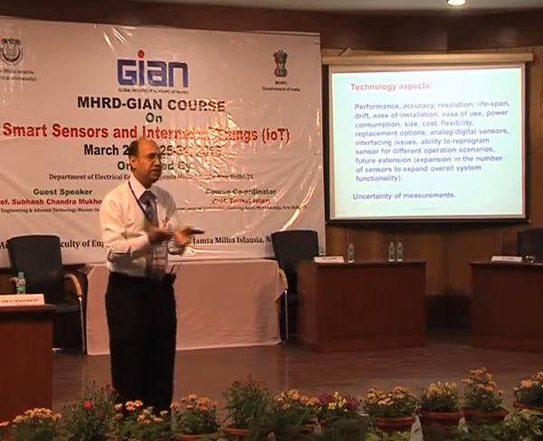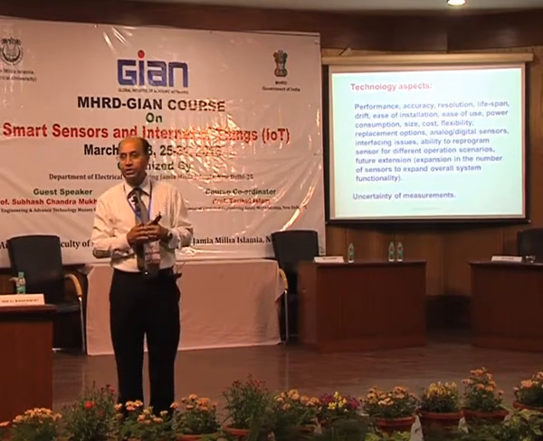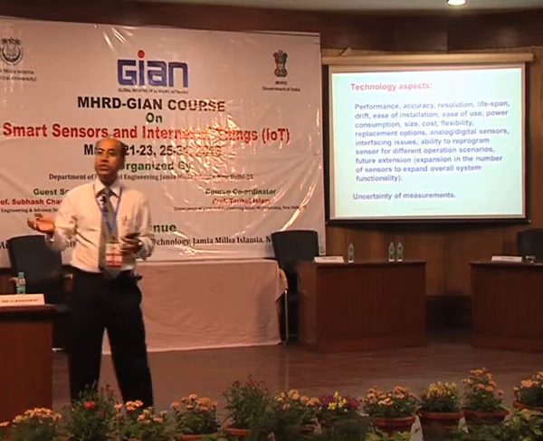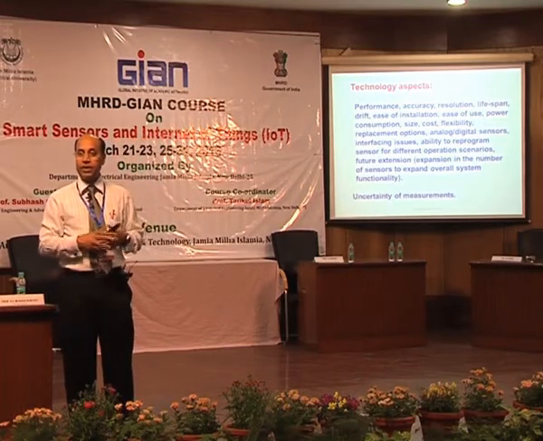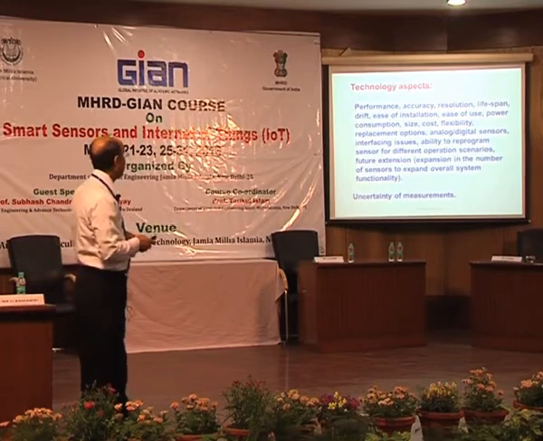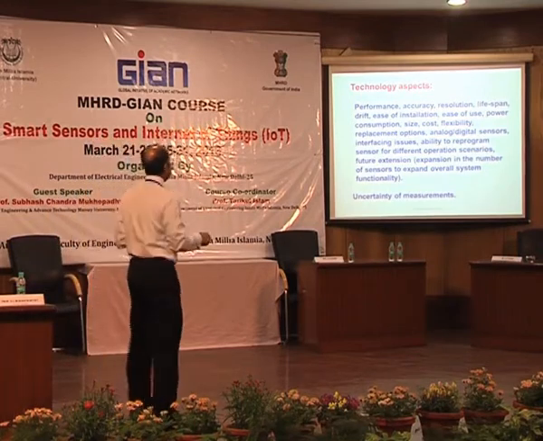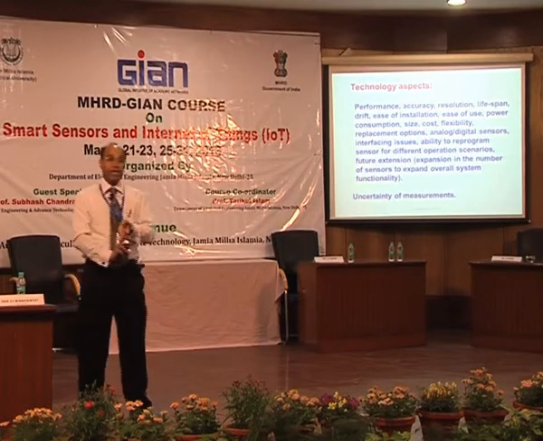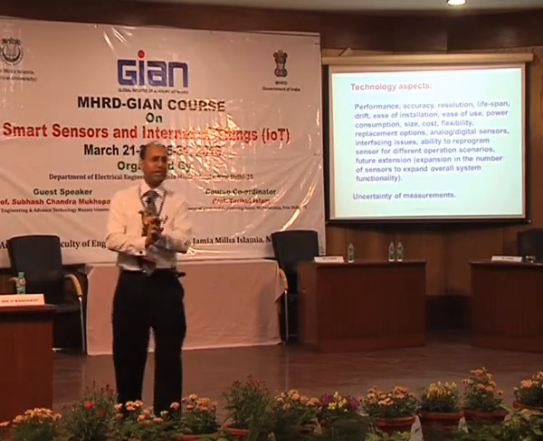So you may have 3 sensors interfaced with your system and you decided to use an extra one. Is your system flexible enough to give the provision of adding something extra? So how can you make the system flexible? Replacement option. Replacement option is very important for a smart sensor.